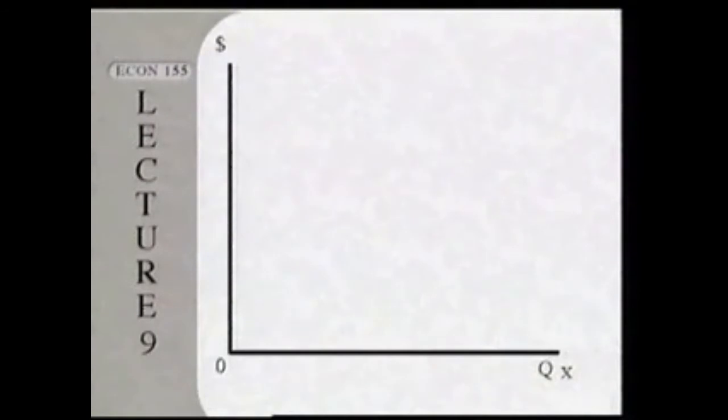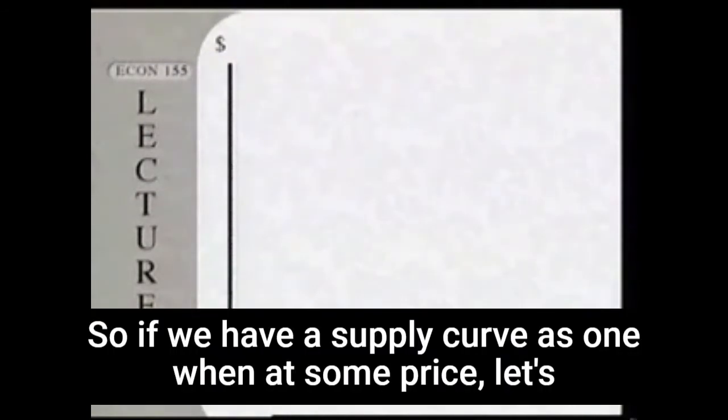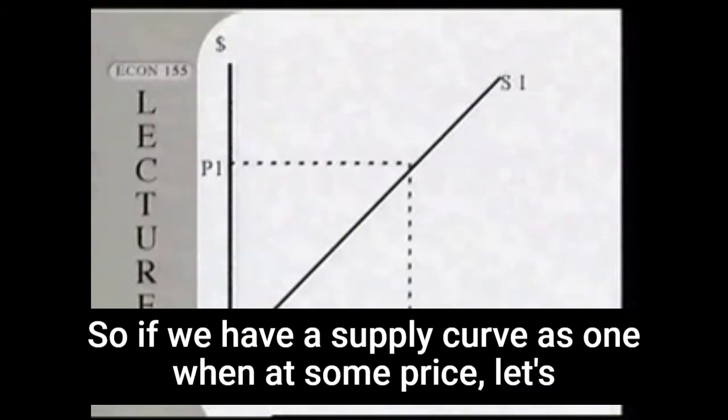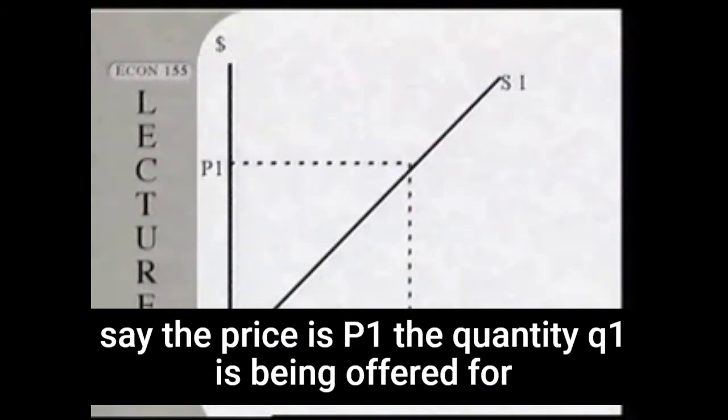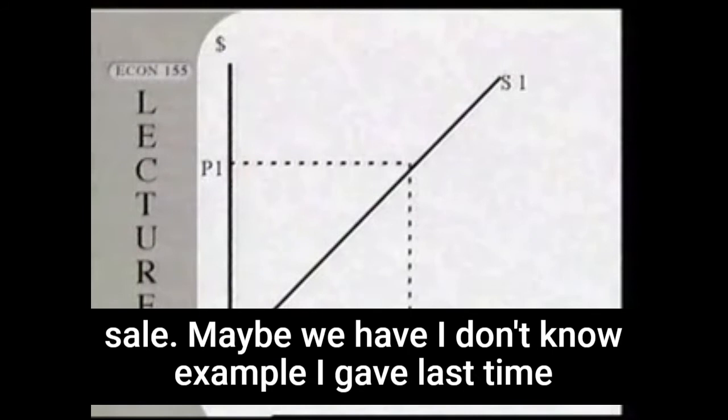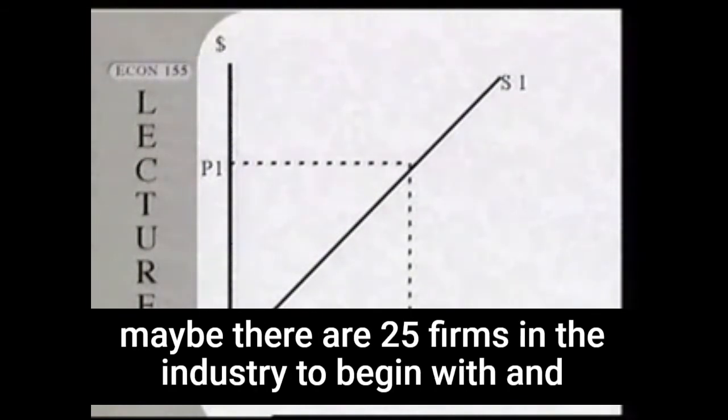Let me see if I can draw this real quickly here. So if we have a supply curve S1, at some price, let's say the price is P1, the quantity Q1 is being offered for sale. Maybe, as in the example I gave last time, there are 25 firms in the industry to begin with.